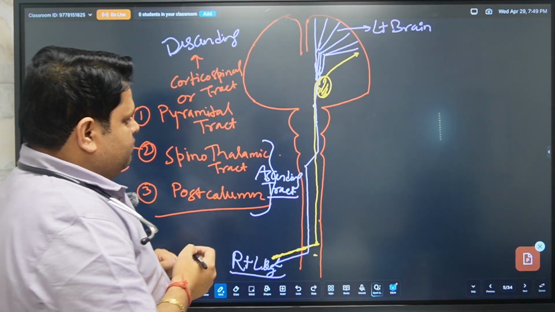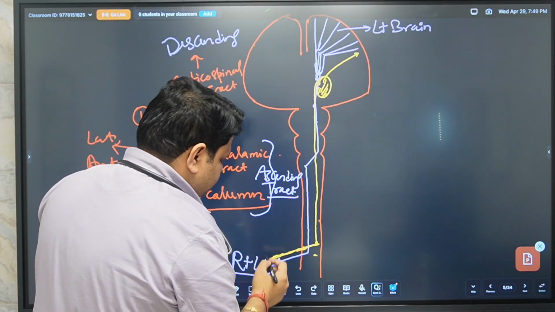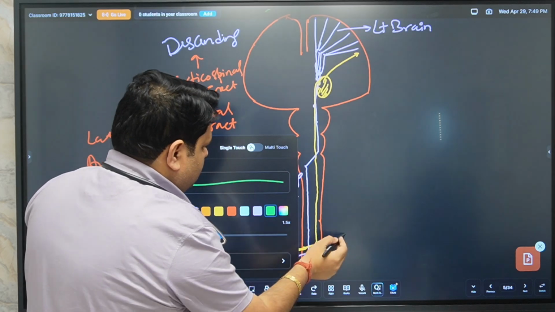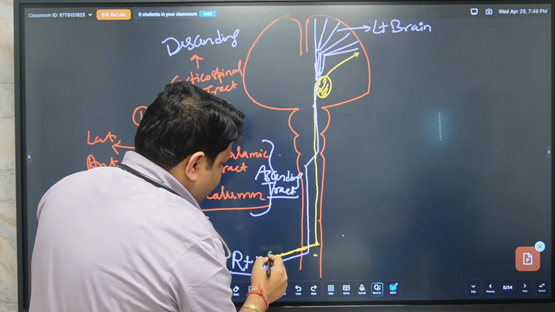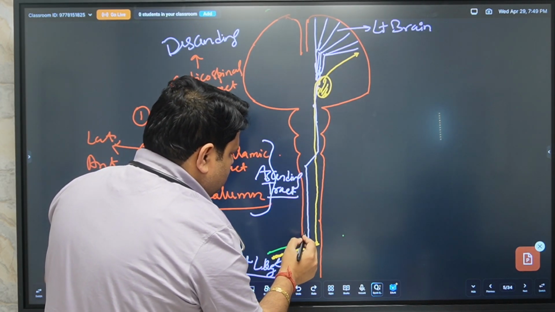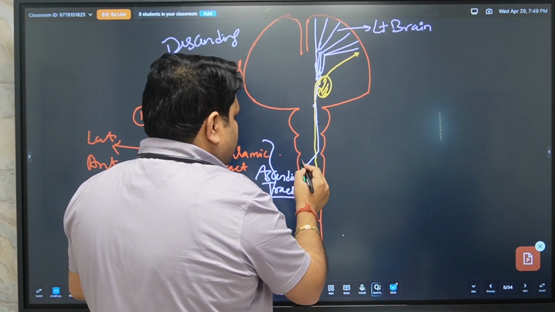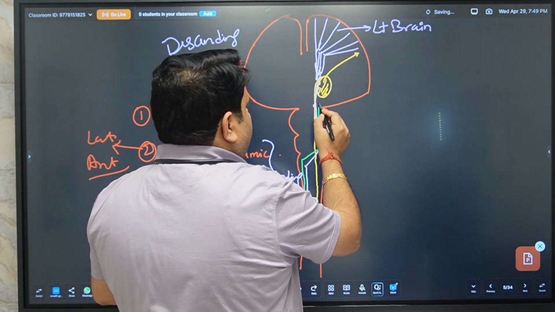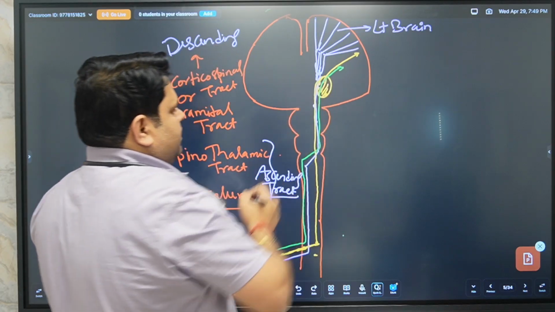Then the posterior column. If the posterior column from the right leg goes up, it crosses the midline at the level of the medulla and goes to the brain.